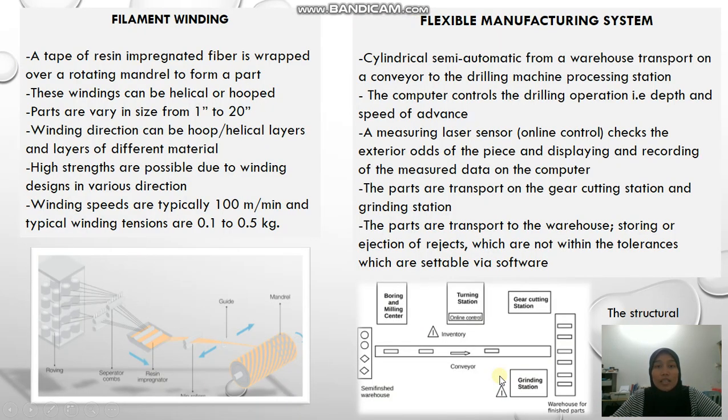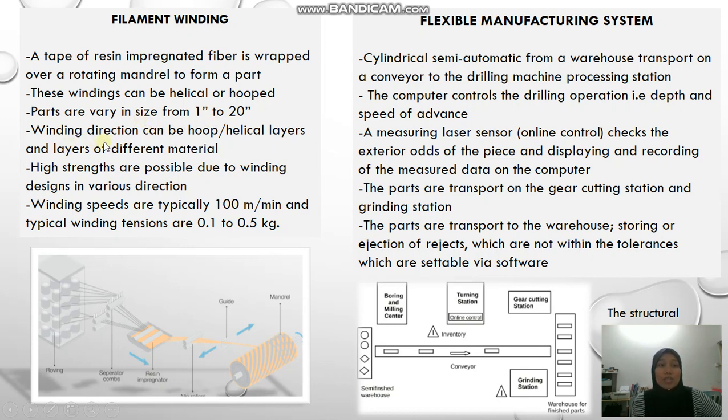Okay. Next is the process or the technique for the manufacturing processes. First is the filament winding, in which a tape of resin impregnated fiber is wrapped over a rotating mandrel to form a part. These windings can be helical or hoop. The parts vary in size from 1 inch to 20 inch.